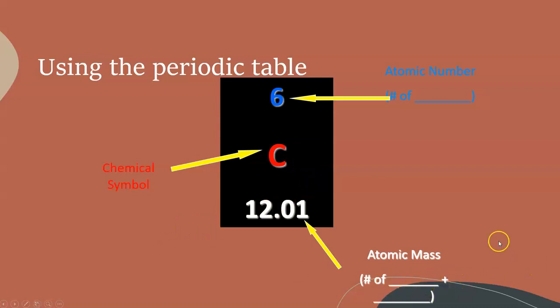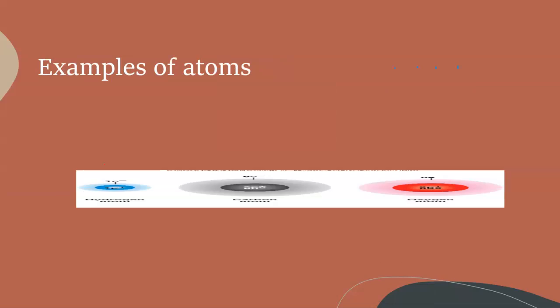Protons plus neutrons. Okay? And so that's important to remember. Now, you might be questioning, why do we have 0.01 here? Well, I'll tell you about that in just a minute, but the atomic mass of carbon is actually 12. The atomic weight is a little bit different from 12, but you'll figure that out in a second. So atomic mass is the number of protons plus the number of neutrons.